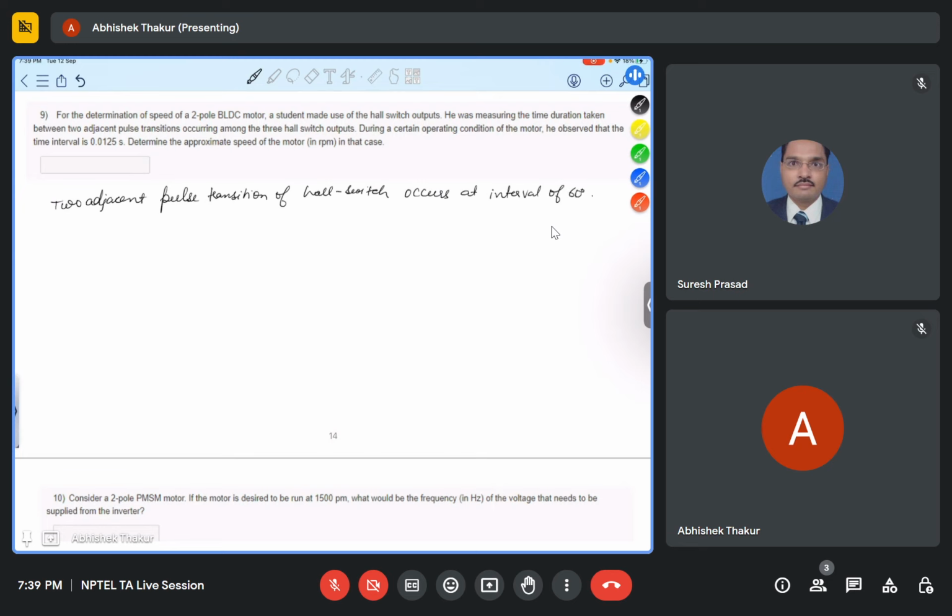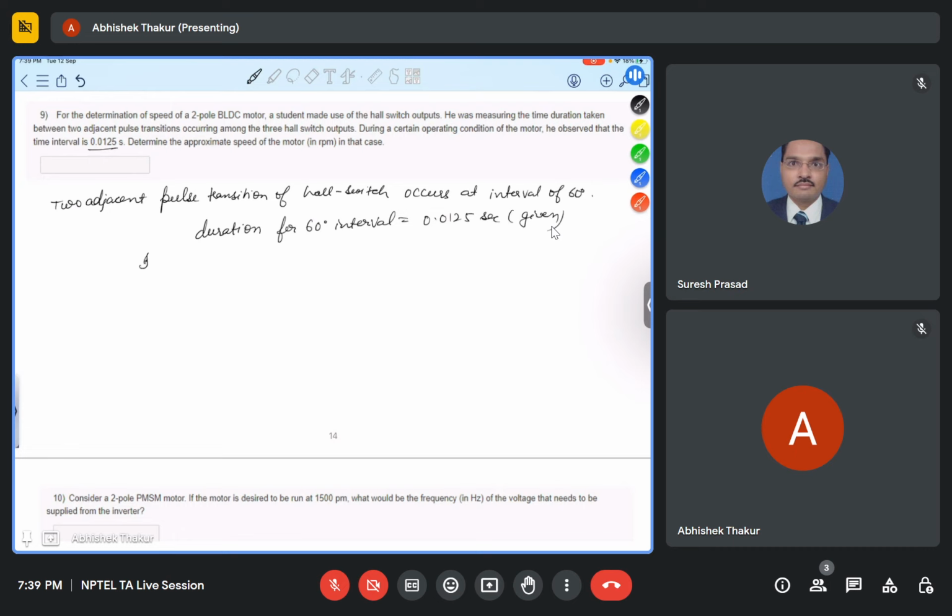In this question, it is given that the duration for the 60-degree interval is 0.0125 second. The machine has two poles here.